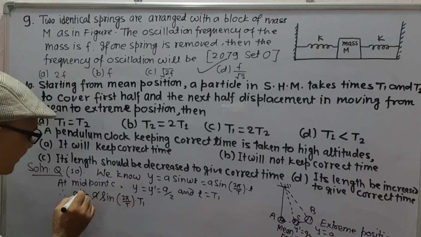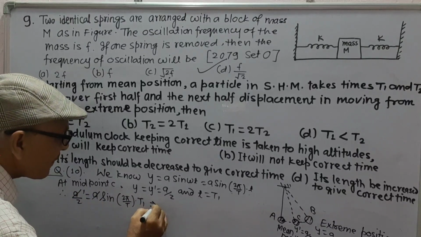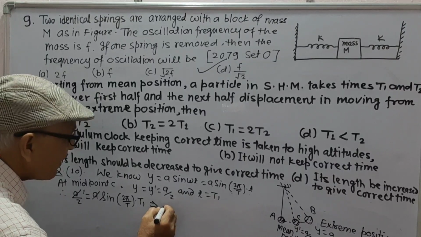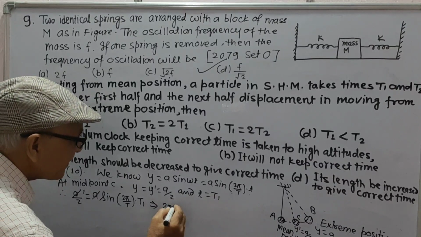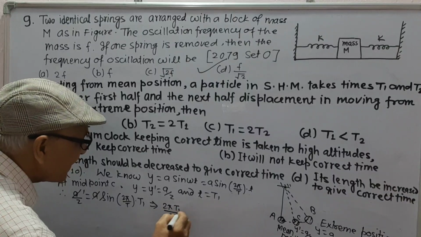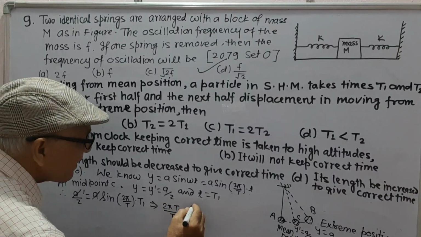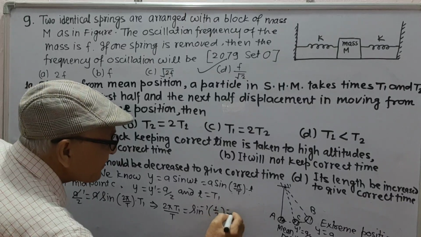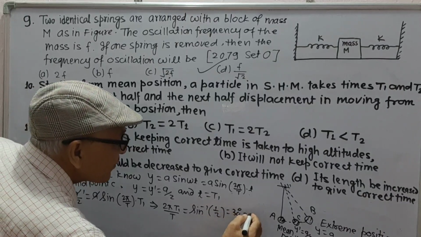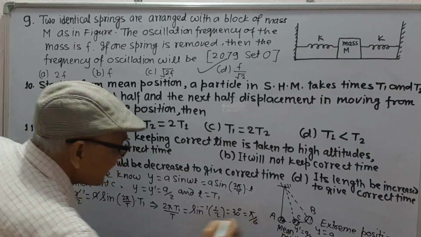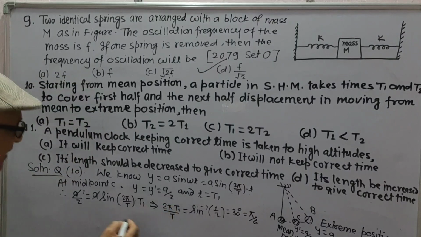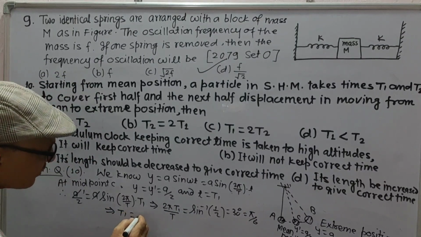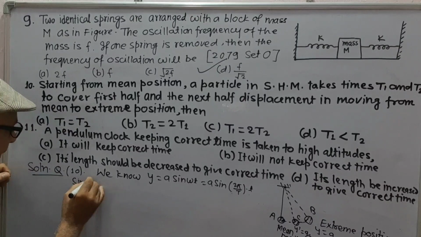A cancels out and we get 2 pi t1 upon T as sine inverse of 1 by 2, which is 30 degree, which is pi by 6 radian. Pi cancels and we get t1 is equal to T by 12.